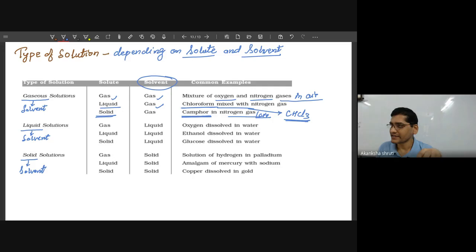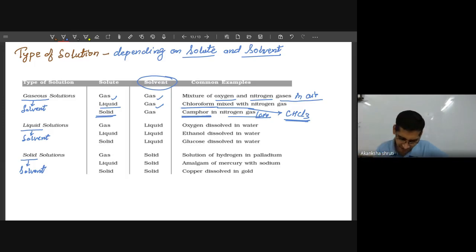In a similar fashion, liquid solutions can also be kept in mind. Say some gaseous particles get dissolved in liquid. What is the example? The best example is dissolved oxygen. What the aquatic animals get for their survival means air mixed in water, or oxygen dissolved in water.